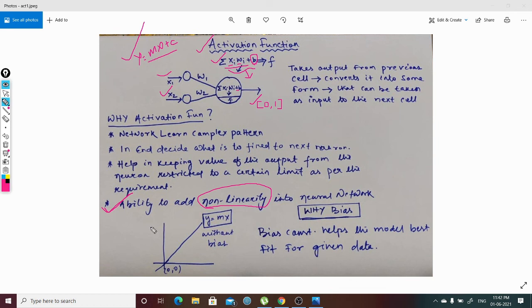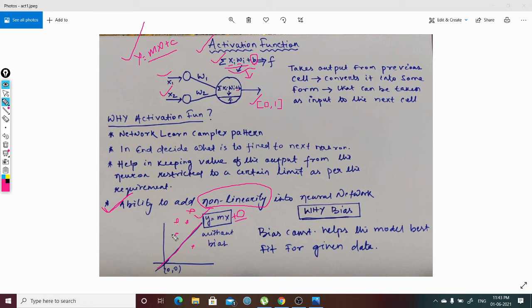I can give you an example. This is basically the linear function y = mx. I have not added the intercept here, or you can say bias. So bias is 0, and basically it is passing through the origin. If we do not take any bias term, the line always passes through the origin. Suppose we have some data points like this, like this, like this.